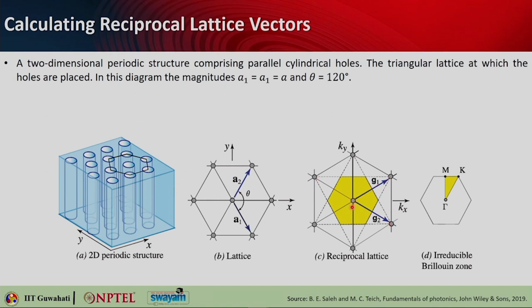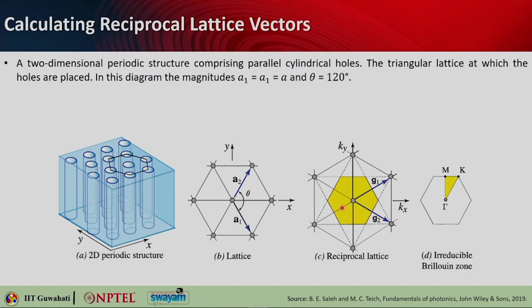You draw these lines and then you draw perpendicular bisectors, like this. So you will get this particular one. For this one you draw another perpendicular bisector, you get this one. For this you draw another, you get this one. Then you get this one for this line, and this one for this line, and that is it.